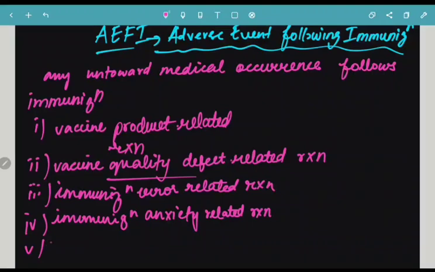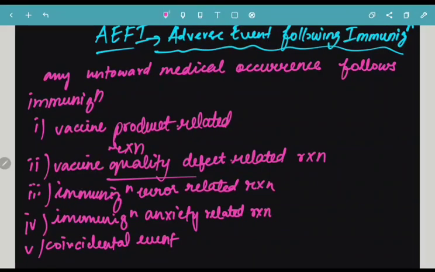Then the next one is coincidental event. When do we say it's a coincidental event? An adverse event following immunization that is caused by something other than the vaccine product is known as a coincidental event. It can be immunization error or immunization anxiety also.